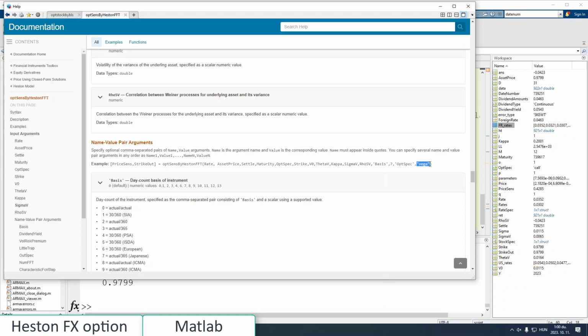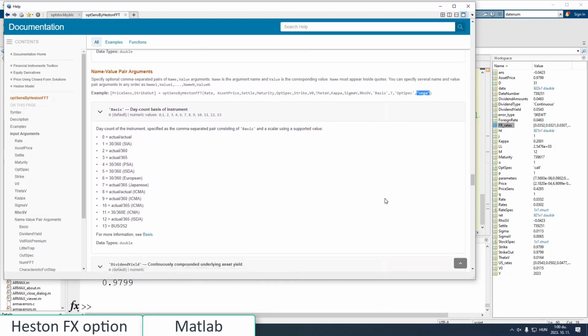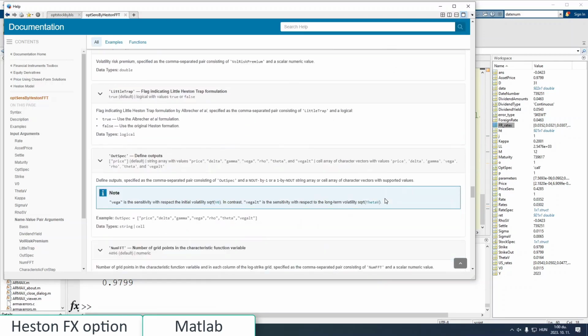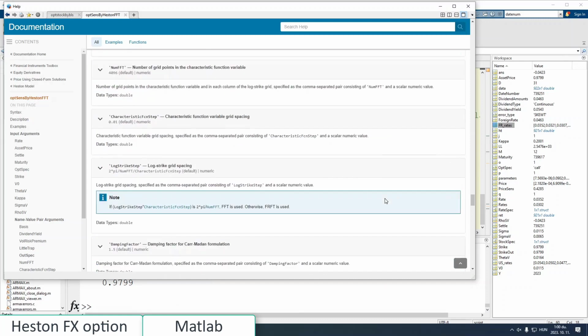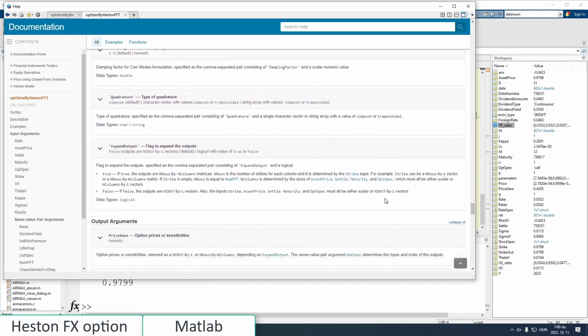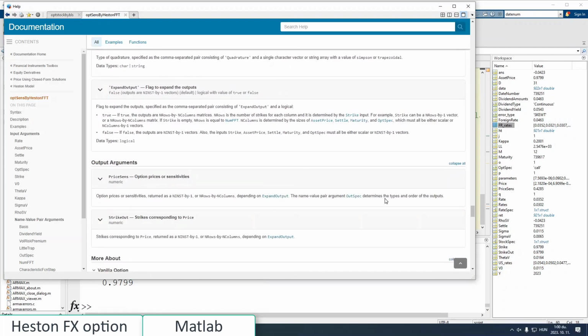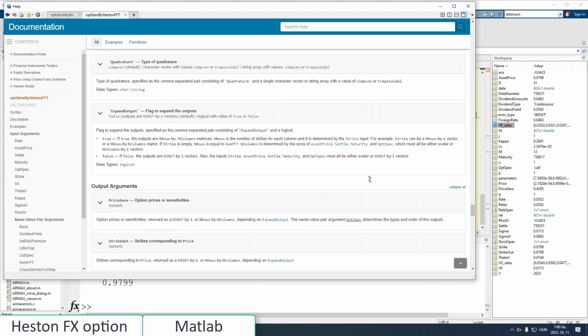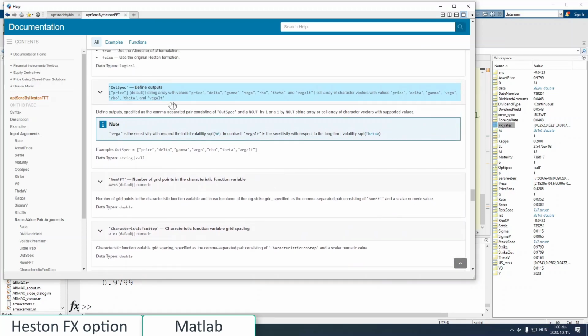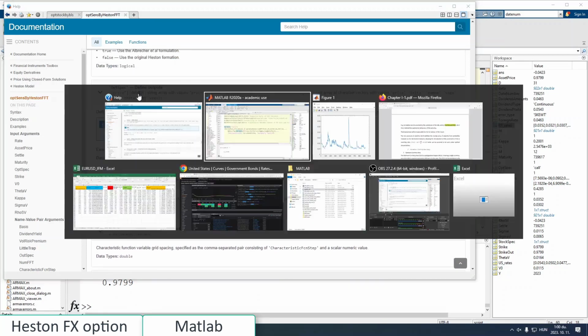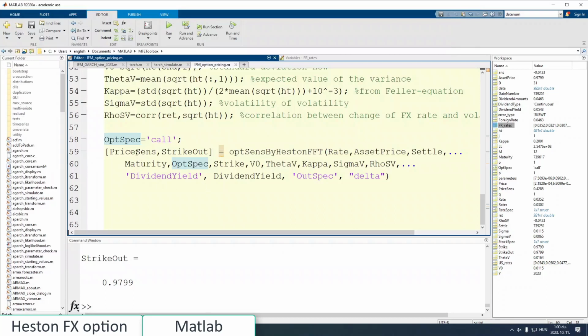So practically here I can have the old spec. So what is the default price? Okay, if I'm not writing anything here, then it will be the option fee. Okay, then it will be price Heston.